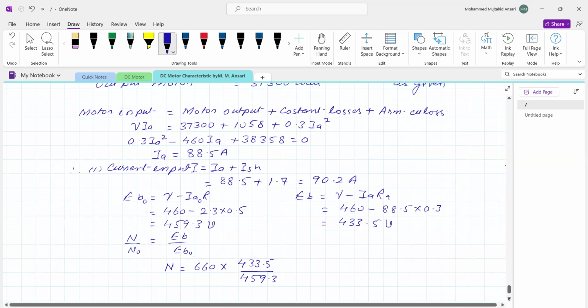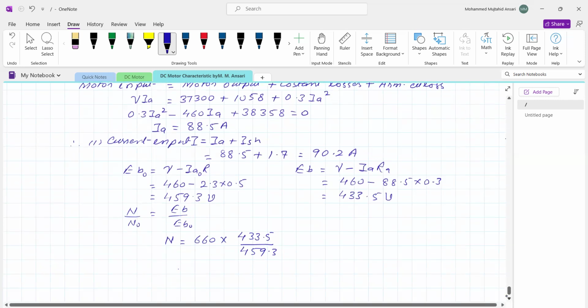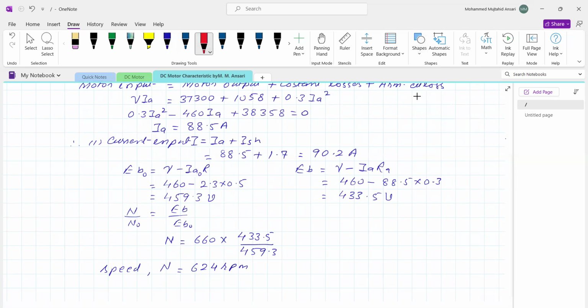So the speed is equal to 624 RPM. So this is the speed and this is the current. These are the two values.